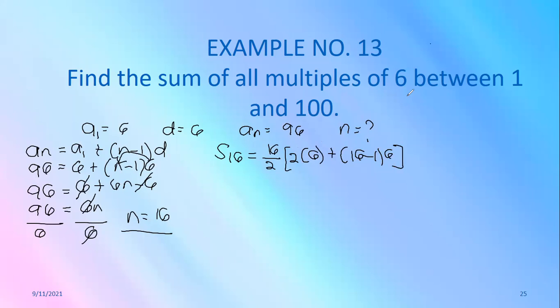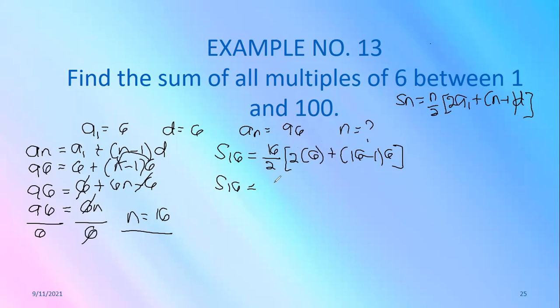So ang ginamit nating formula is S sub n, which is equal to n over 2 multiplied by 2 a sub 1 plus n minus 1 multiplied by our common difference. Okay, so sum of 16.